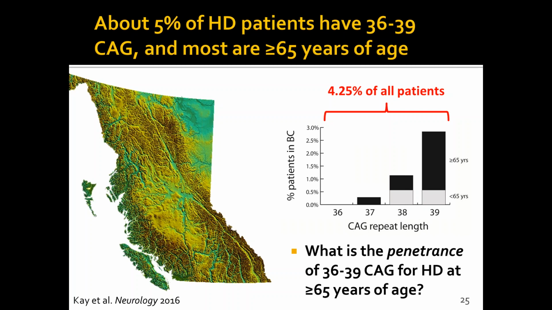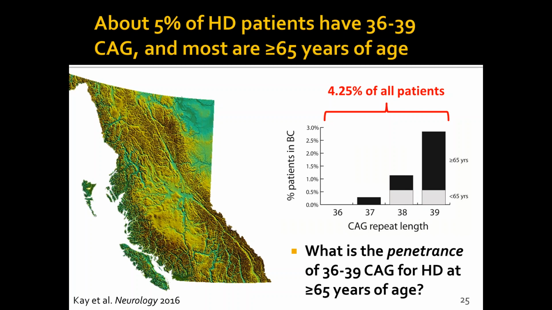So what we did as a final stage in this study was to look at the penetrance of 36 to 39 in individuals that are 65 years or older. The penetrance in this case means how many people with that repeat length, with 36 to 39, actually go on to develop HD.